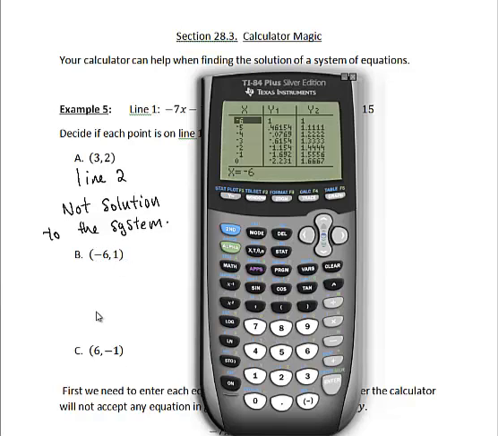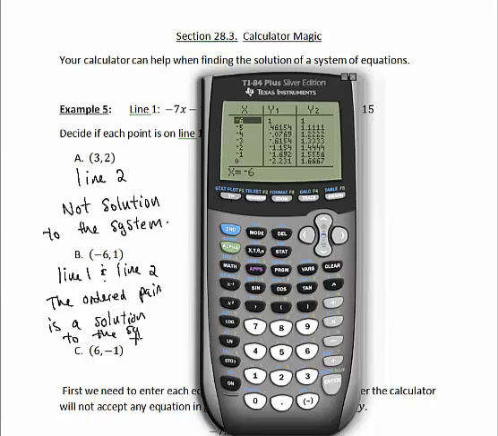We have negative 6, 1, and so this ordered pair satisfies both line 1 and line 2. The ordered pair is a solution to the system.